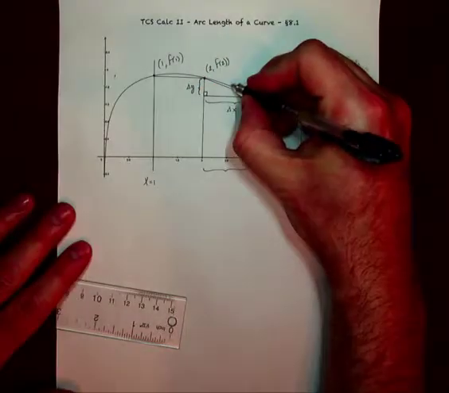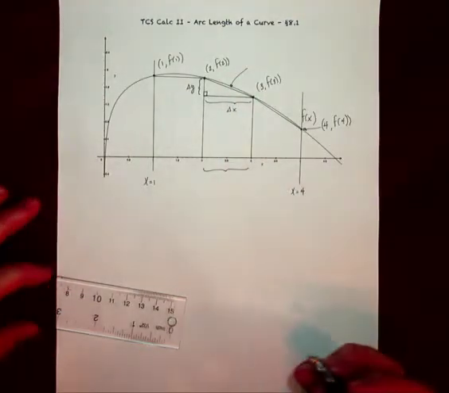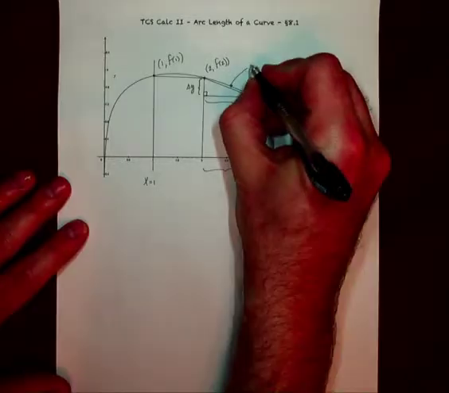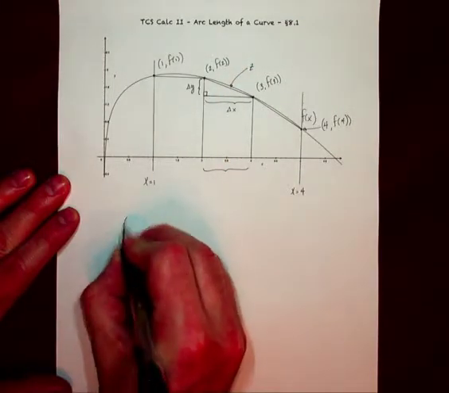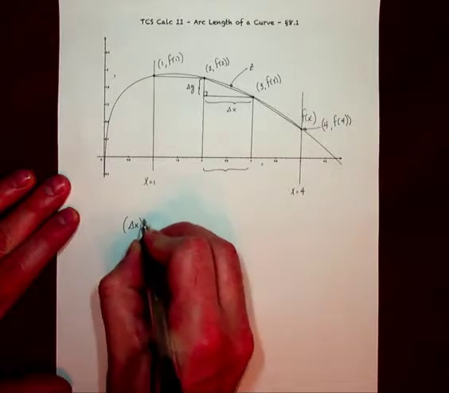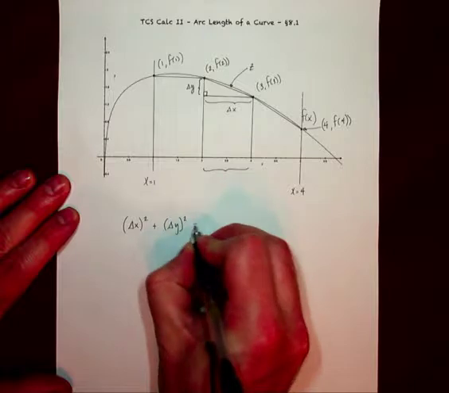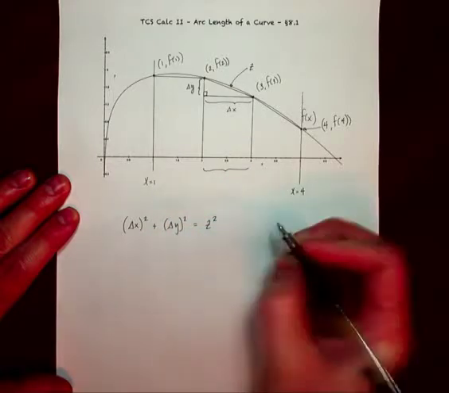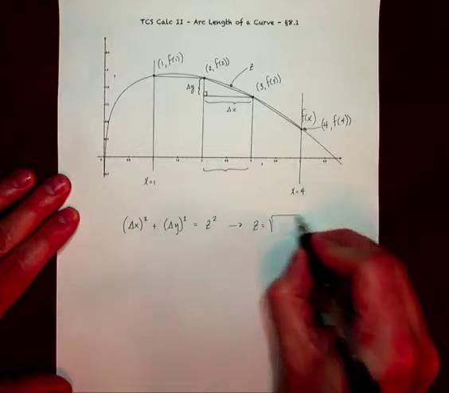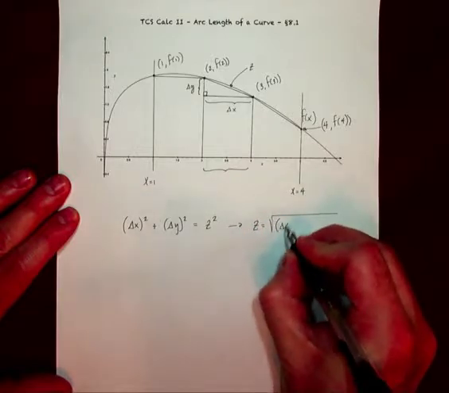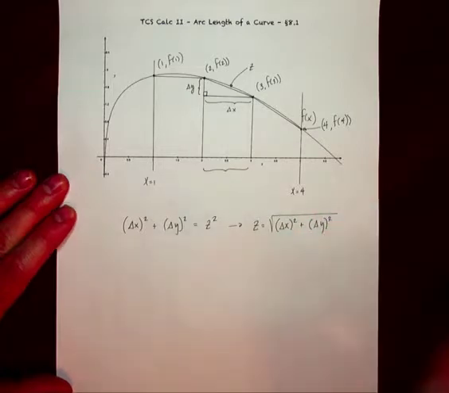That means that this hypotenuse, we'll call it z for lack of a better term, satisfies delta x squared plus delta y squared equals z squared, and therefore z is equal to the square root of delta x squared plus delta y squared.